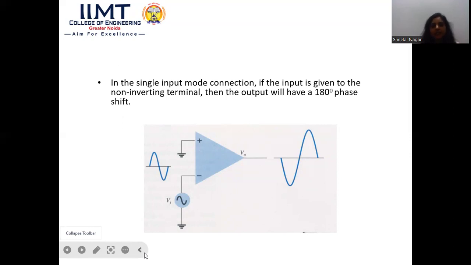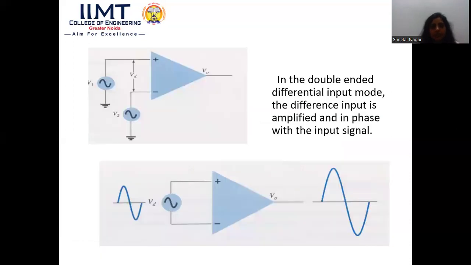In this case, we apply the input at the inverting terminal, and the other terminal, the non-inverting terminal represented by the plus sign, is grounded, and at the output we will get a 180-degree phase shift, as shown in the figure.